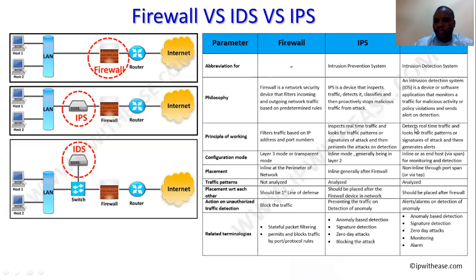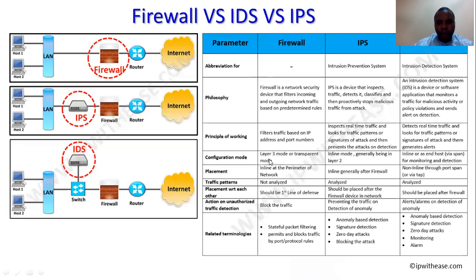Meanwhile, the IDS also detects real-time traffic and looks for traffic patterns and signatures of attack, and then generates an alert. You can see that the major difference between the IDS and IPS is that IPS prevents this attack from affecting your network, whereas the IDS generates the alarm or alert for those attacks.